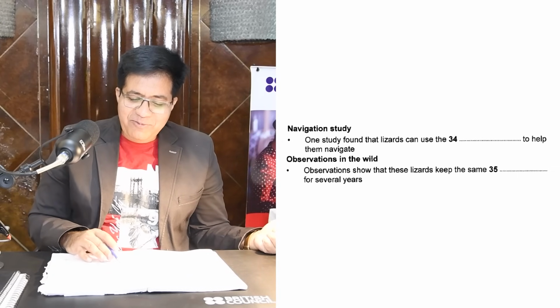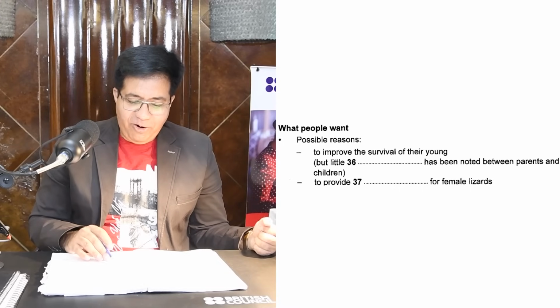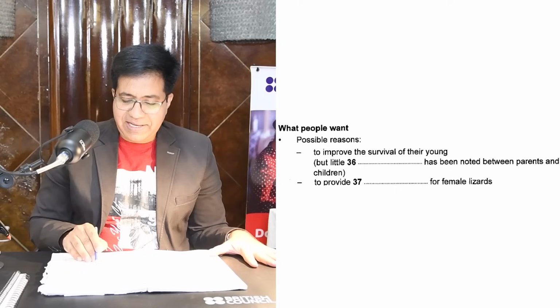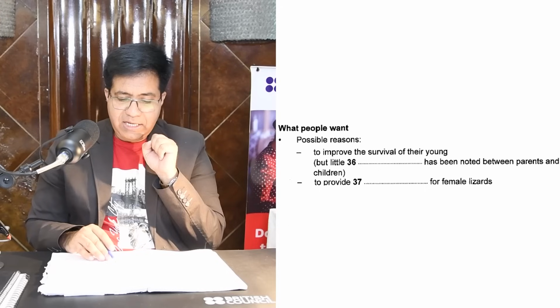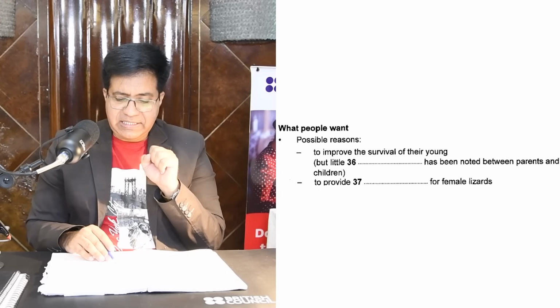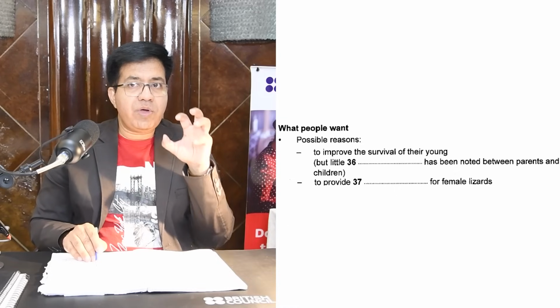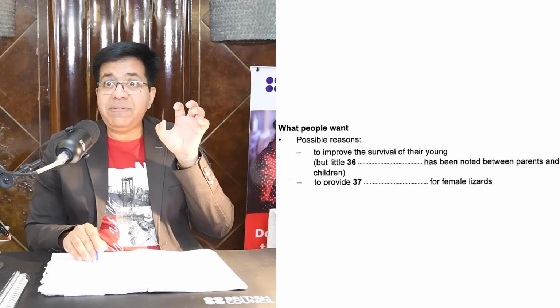Next we have what people want. Possible reasons. Now what do people want? Improve the survival of their young. Okay, now how to improve the survival of their young? Young means baby lizards, right? In order to improve the survival, otherwise other animals can eat baby lizards.